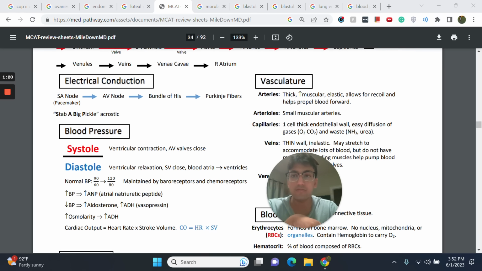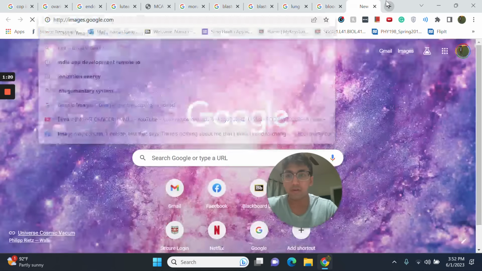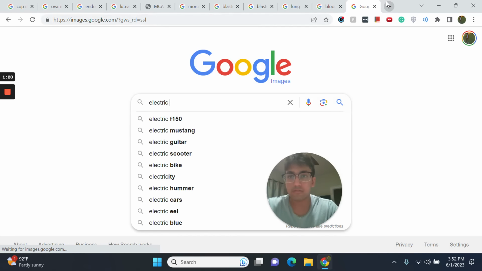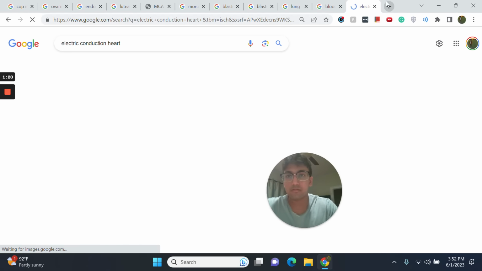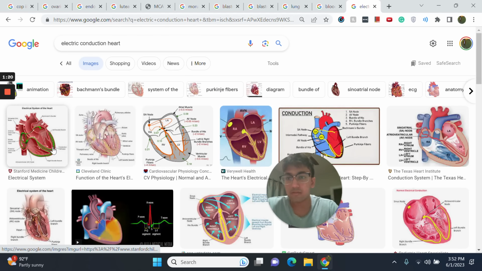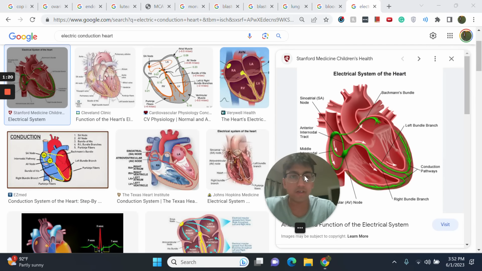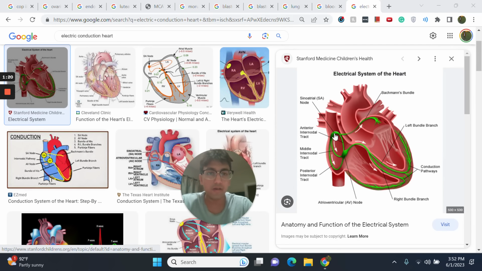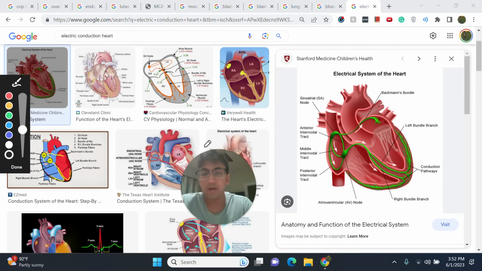Now you should know the electric conduction. I can show you an image for that too. The electric conduction happens from the SA node over here, and then goes to the AV node, right?